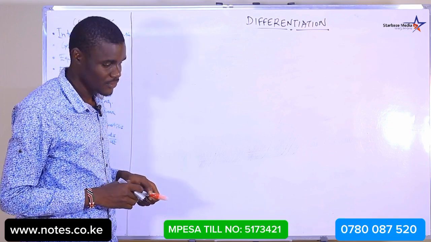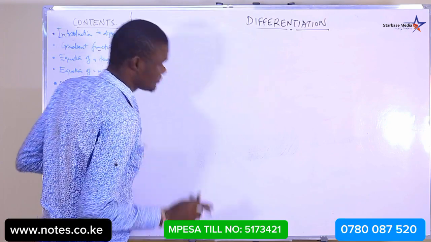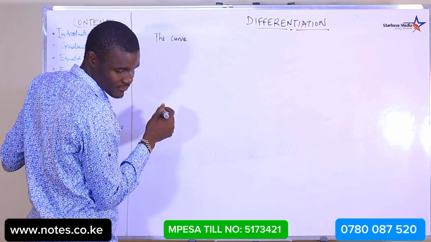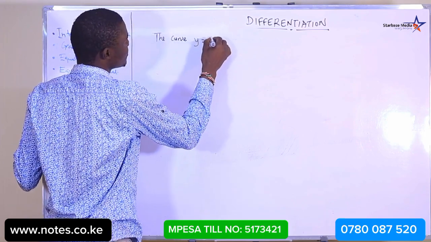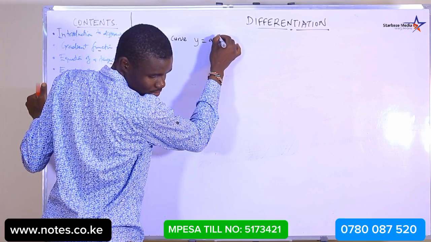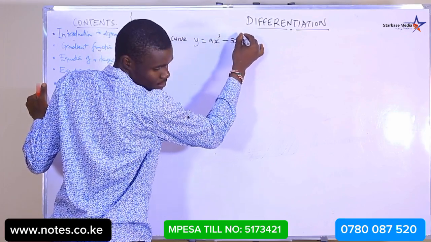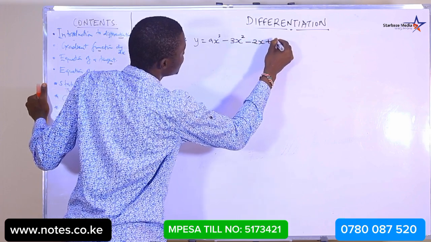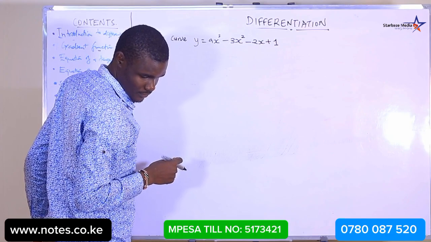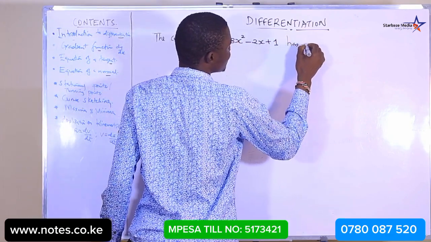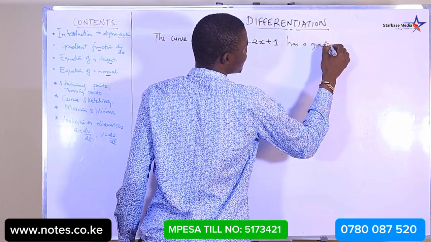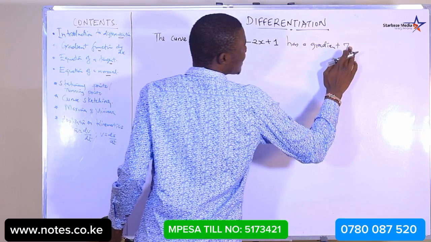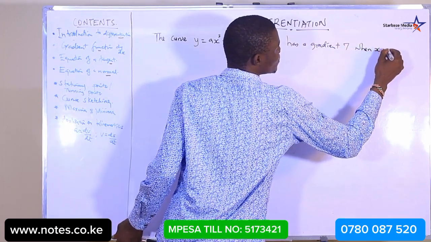there's an example here. So you can be told the curve y is equals to ax cubed minus 3x squared minus 2x plus 1 has a gradient 7 when x is 1.